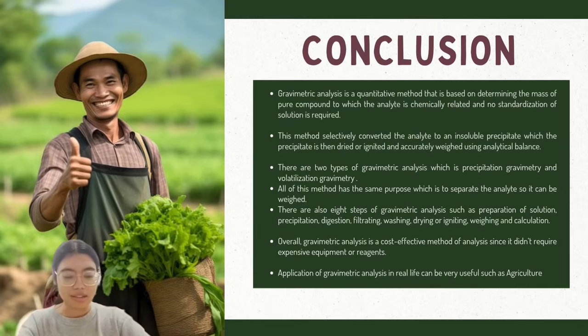All of these methods have the same purpose, which is to separate the analyte so it can be weighed. There are also 8 steps of gravimetric analysis, such as preparation of solution, precipitation, filtration, washing, drying or igniting, weighing, and calculation. Overall, gravimetric analysis is a cost-effective method since it doesn't require expensive equipment or reagents.